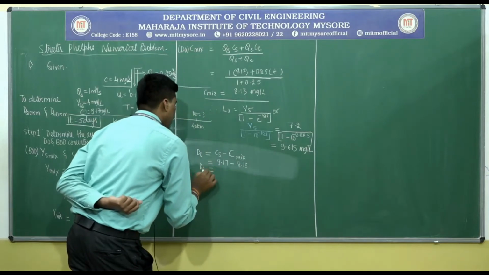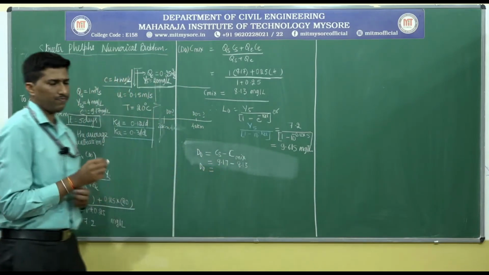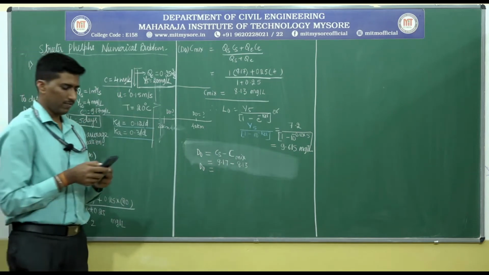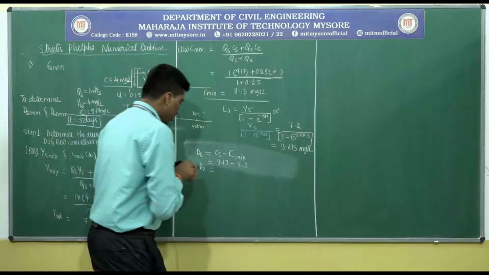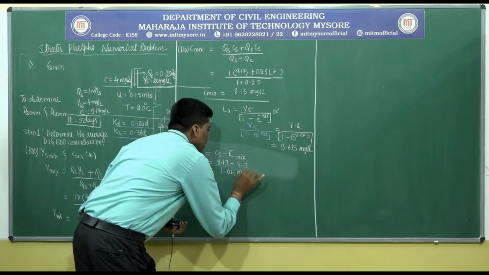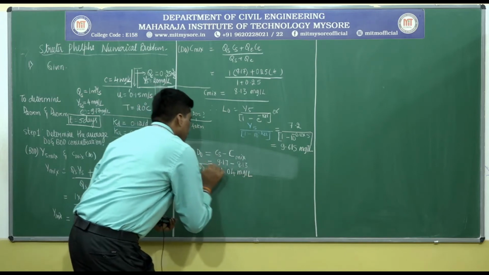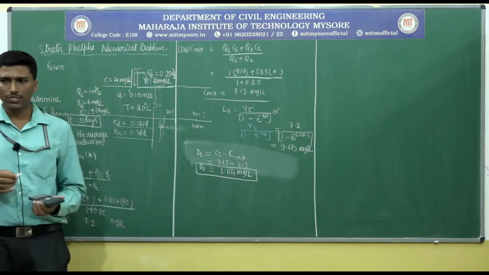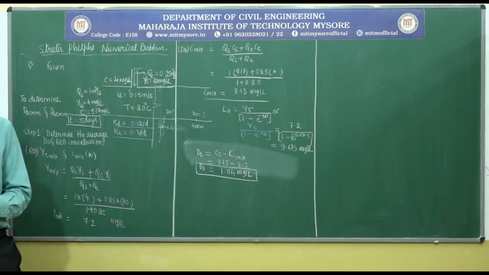Thereby I get the initial deficit: 9.17 minus 8.13 is 1.04. So D naught is equal to 1.04 mg per liter.